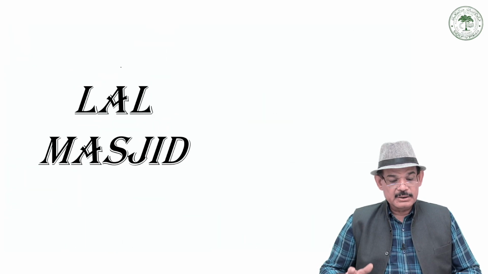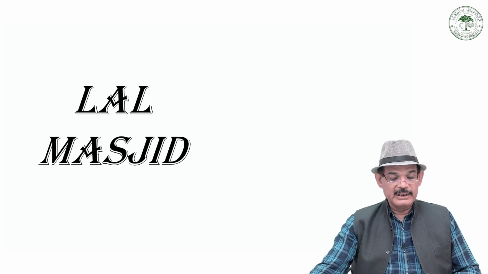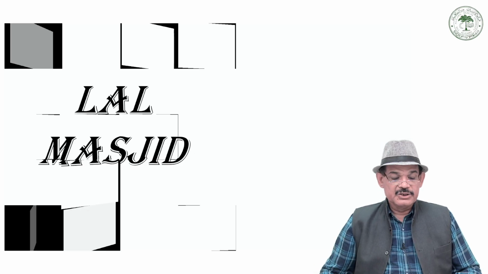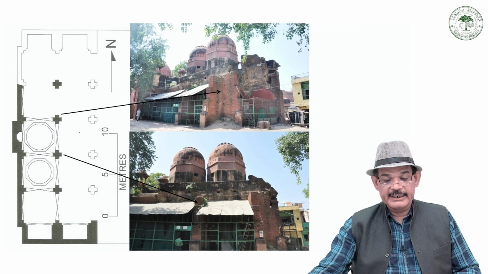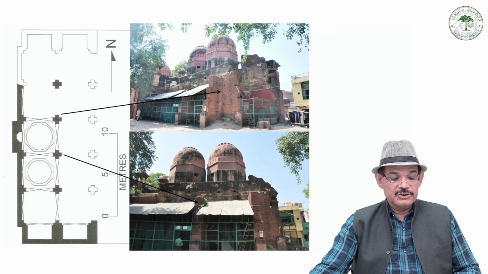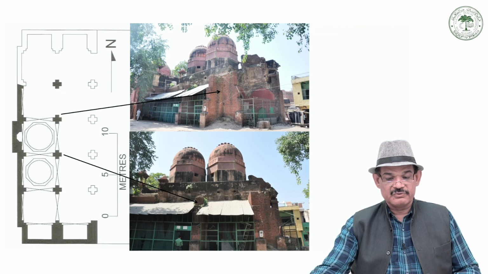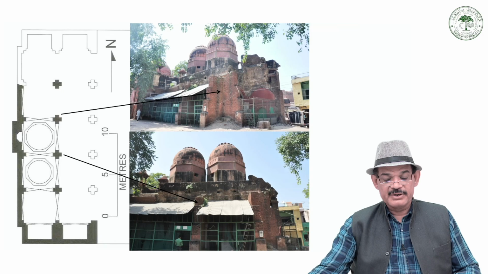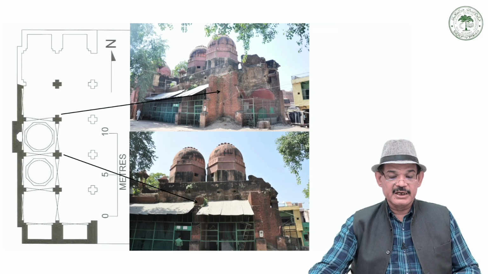Another important building built by Nawab is the Lal Masjid. This Lal Masjid was found in a dilapidated condition, and preservation and conservation were carried out. Half of this structure had fallen down, and the other half of the mosque was preserved by creating new support for it.